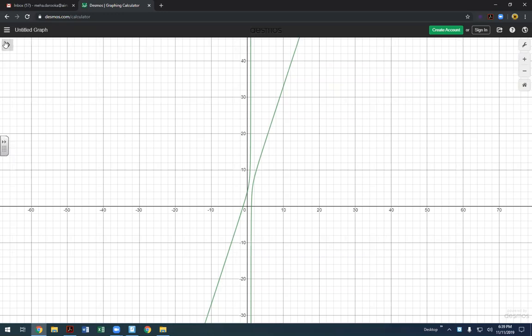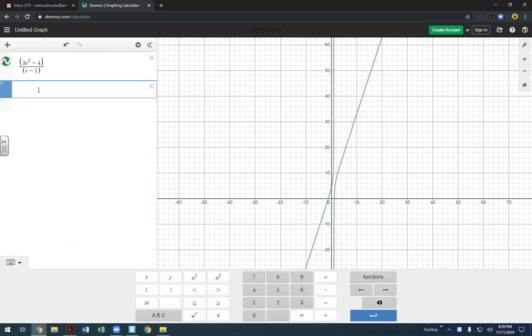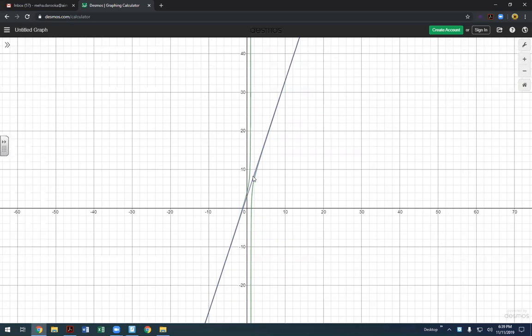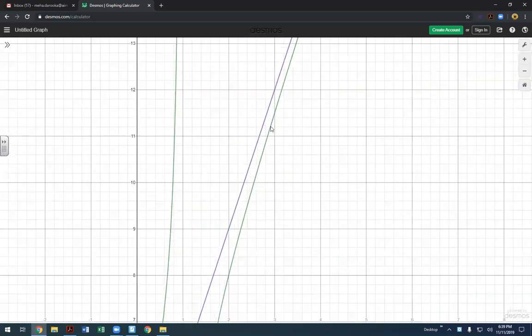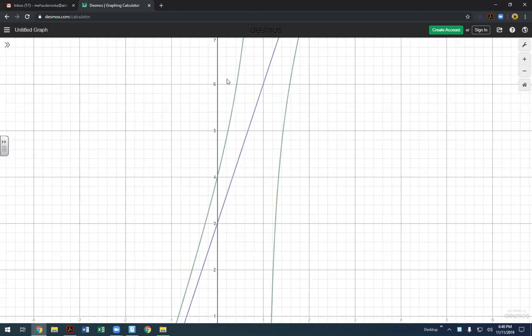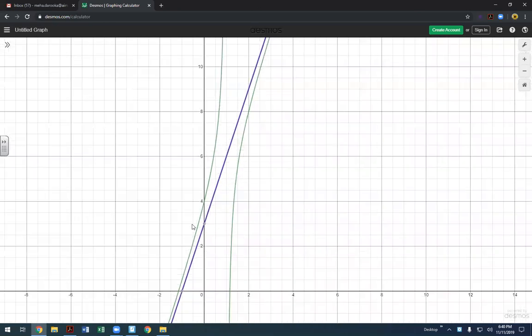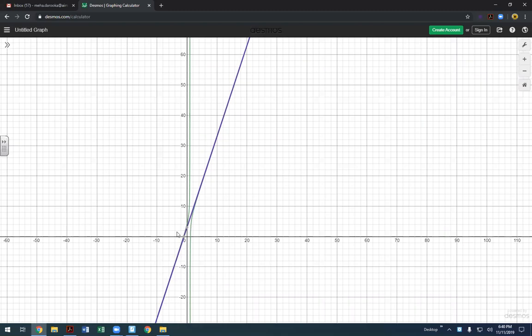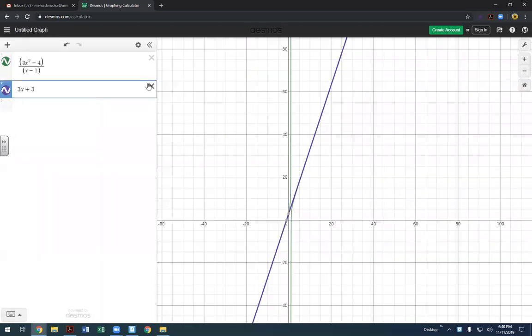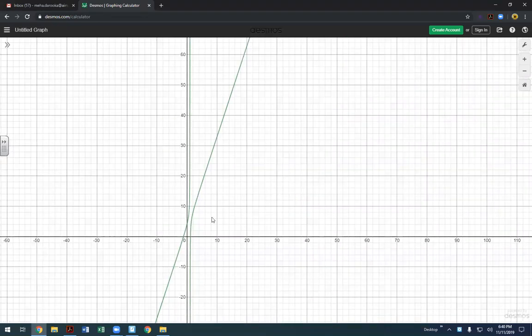Now, just to show you what that oblique asymptote looks like, that one was 3x plus 3, and of course that's an imaginary line, but you will notice the more we zoom in, our graphs are not touching those lines, but that's how our graph ends up following that oblique asymptote. But obviously we don't need to draw that line.